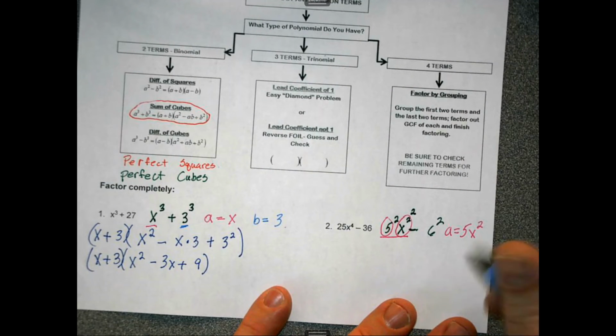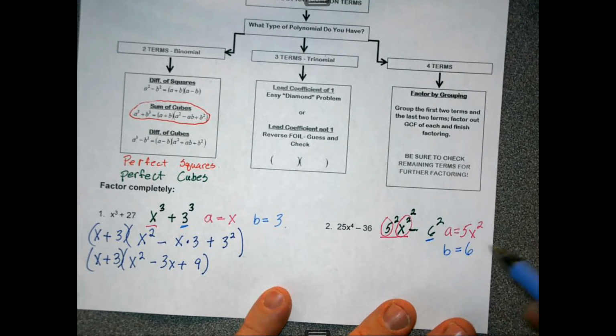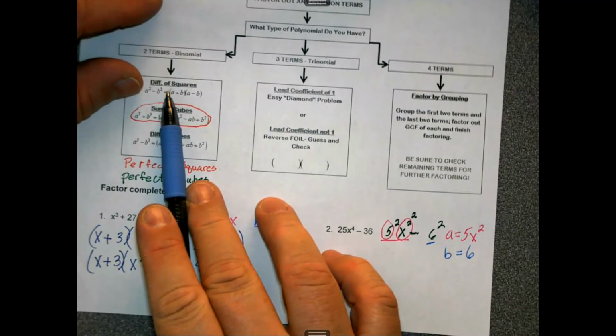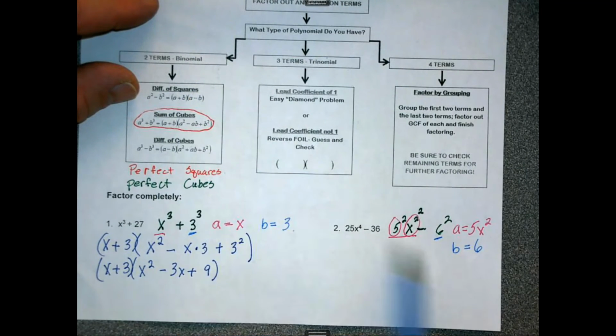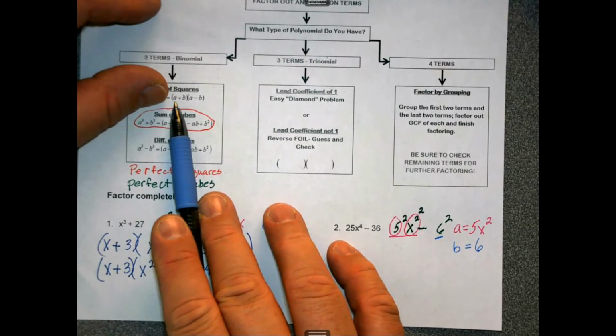All right, my b, 6. 6 is being squared. So then I'm going to go to my difference of cubes, or I'm sorry, difference of squares. I have my a squared minus b squared.